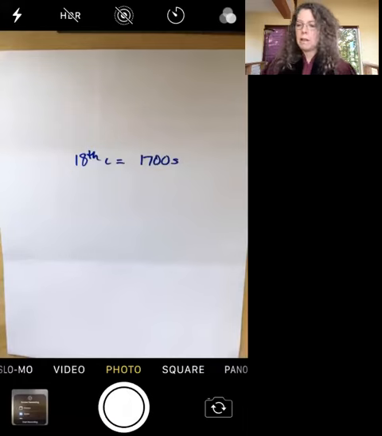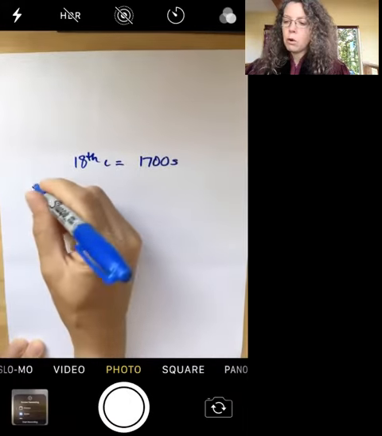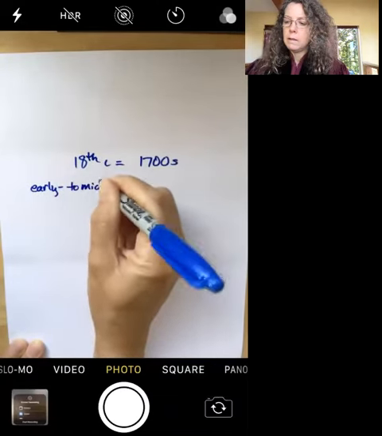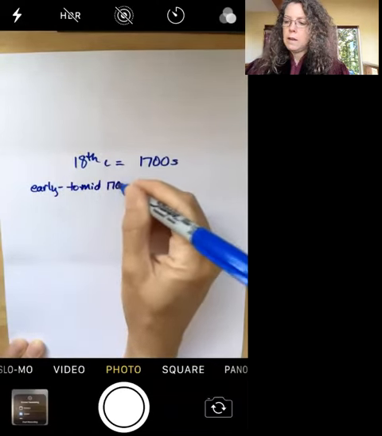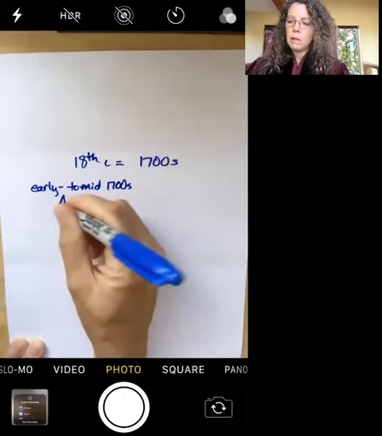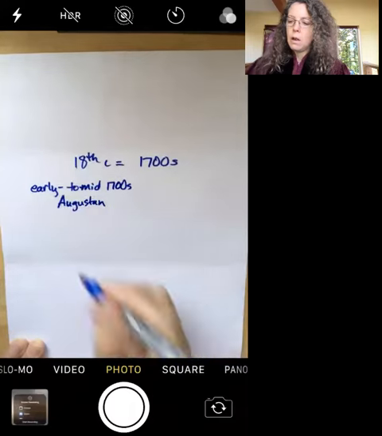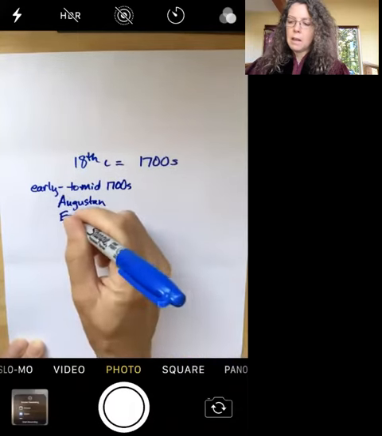So in the 18th century, we have both the early to mid 1700s, which includes, in literary studies, what you might hear of as the Augustan period. You might hear about Enlightenment thought, that's in there.